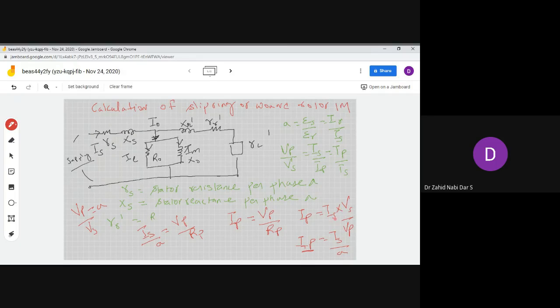Now you just saw that Ip is equal to Is by A. Similarly, if you want to write this Rp, Vp by Rp is equal to Ip, and we just saw that Ip was equal to Is by A. How was Ip equal to Is by A?